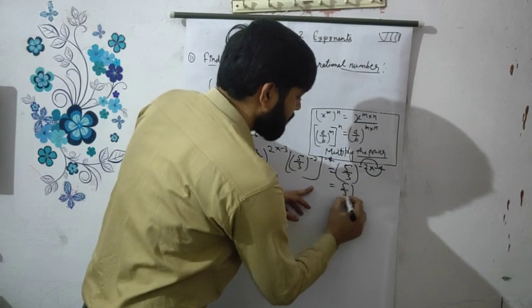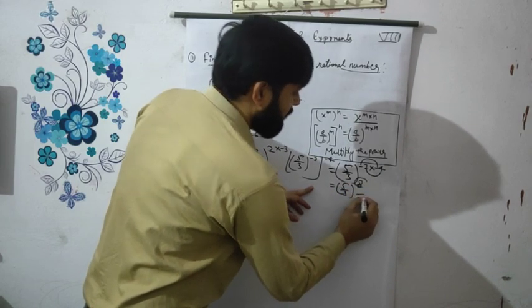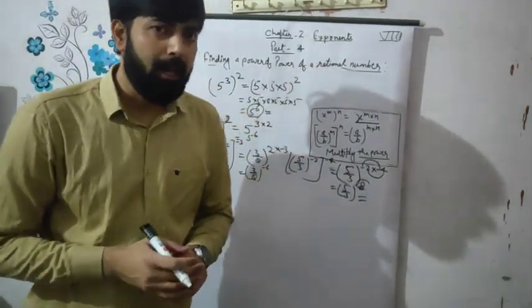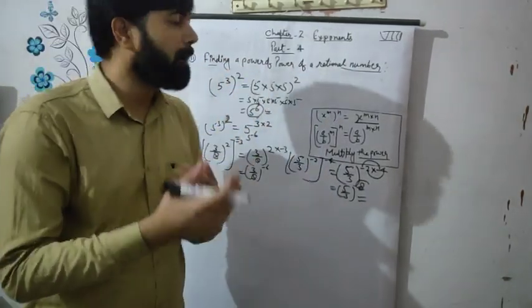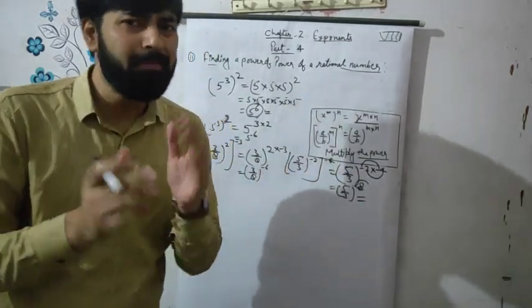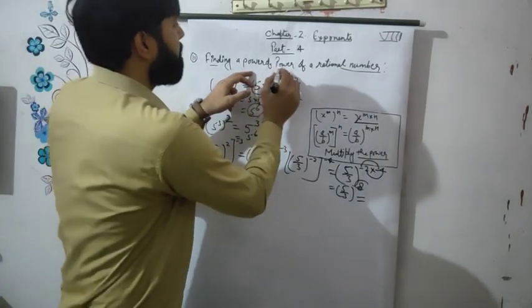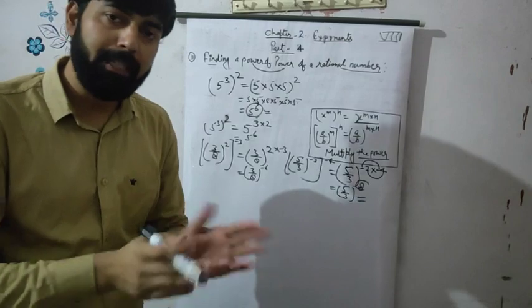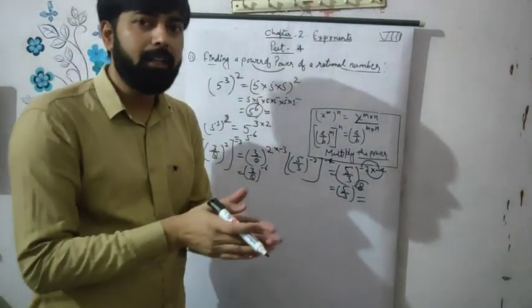Then 5 upon 3 raised to the power 8. So this is the second law of exponent, finding the power of power. Power of power means power multiplied by power, and you can find your answer.